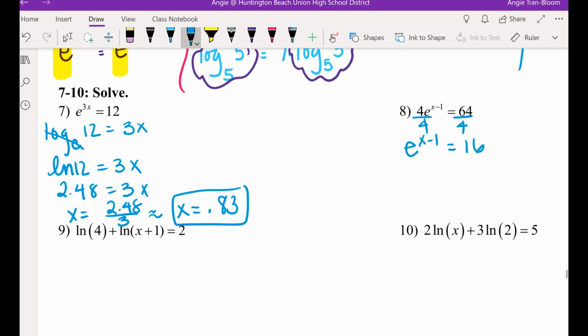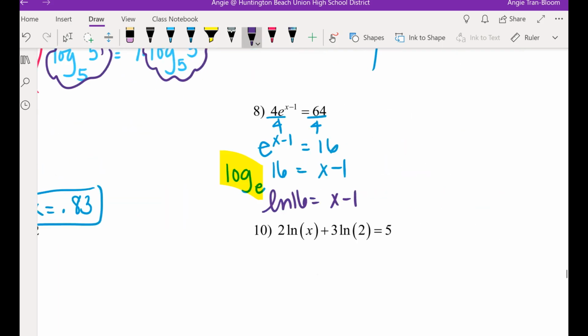Chance, what do you want to do next? Rewrite it down. Rewrite it in what form? That's right. Log, what is the base? e, perfect. Of what? Good, equals, that's right. I cannot keep log base e, y'all. What does that become? ln of 16 equals x minus 1.